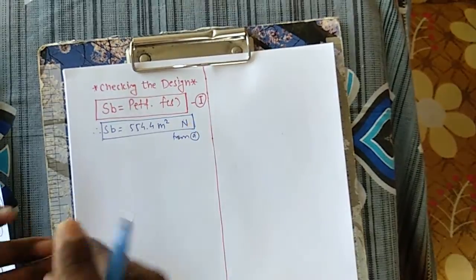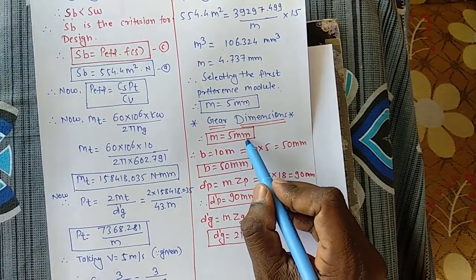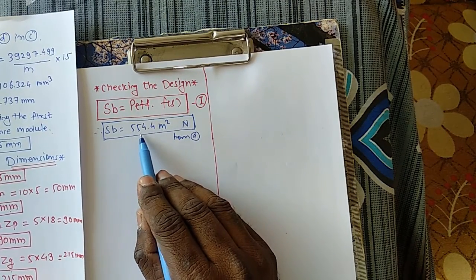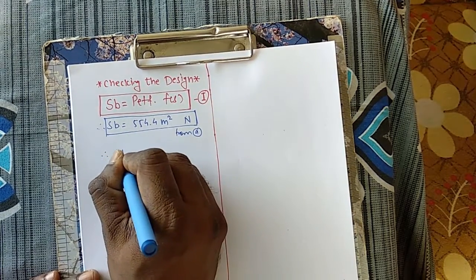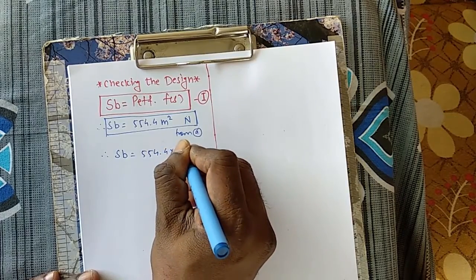Now we have designed the gear, and in the designing of the gear we got the value of module as 5 mm. So I will keep this m as 5, so it is 554.4 into 5 square. SB is equal to 554.4 into 5 square.